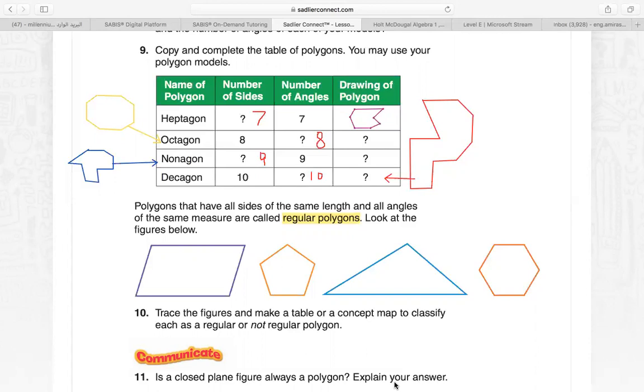So what is the regular polygon? The regular polygon is a polygon that has all sides the same length and all angles the same measure. Okay, girls?